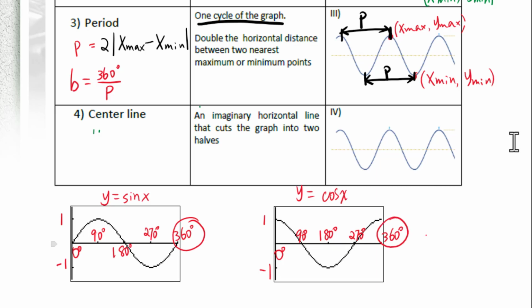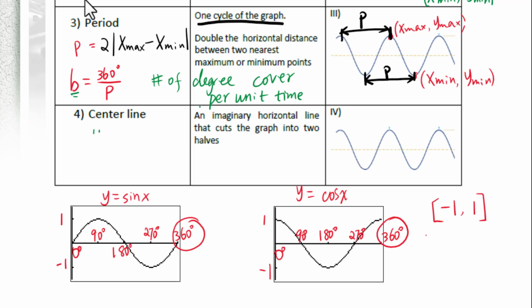The range for sin x and cosine x is from -1 to 1. What's the meaning of B? Number of degree covered per unit time. It could be per second or per minute or per day.